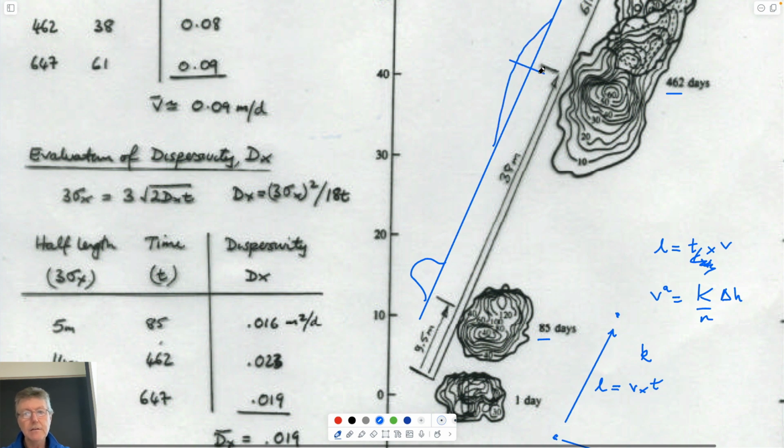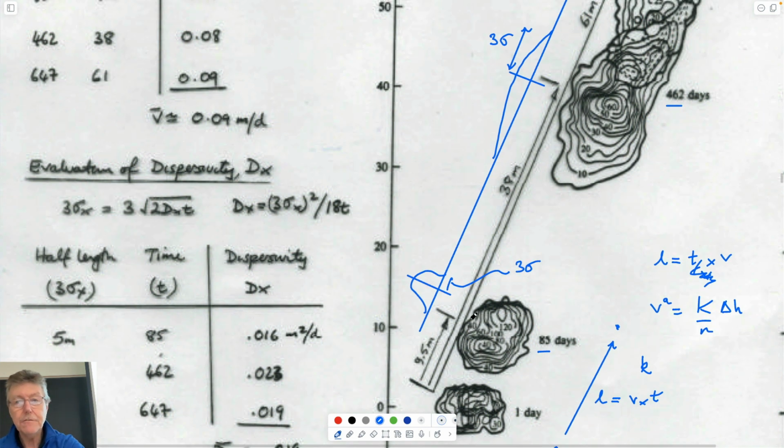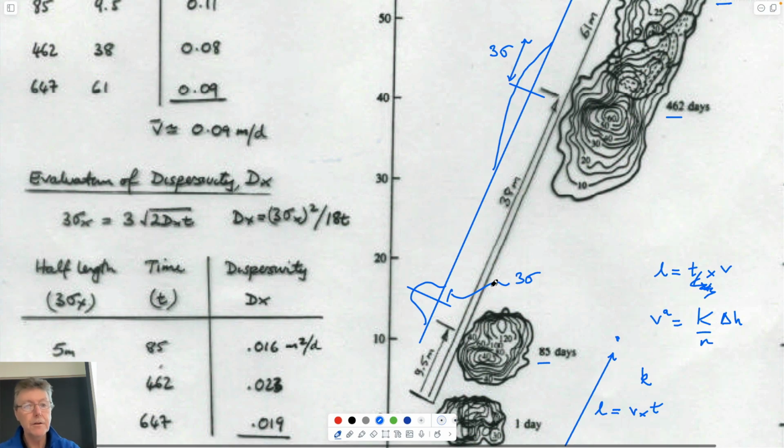This magnitude here would be what we've called before 3 standard deviations, because it looks like a bell curve. And you'd use that information to be able to define the behavior.